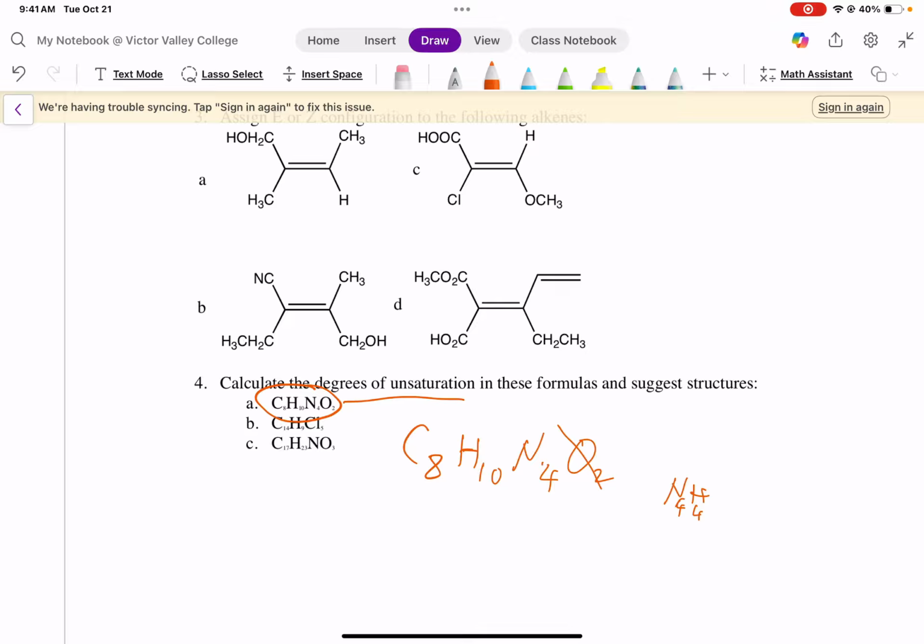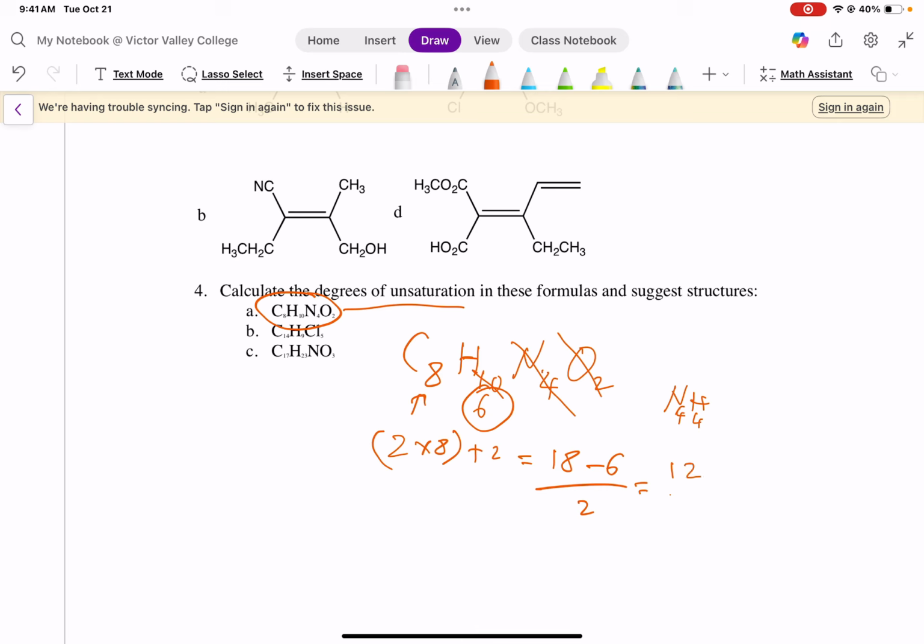You take away N4H4, then you end up with 6. But now if you have 8 carbon, you multiply that 2n plus 2, 2 times 8 plus 2, so we're supposed to have 18. However, we have 6, so that's 12 divided by 2. We got 6 degrees of saturation.